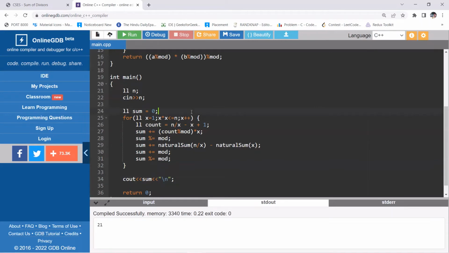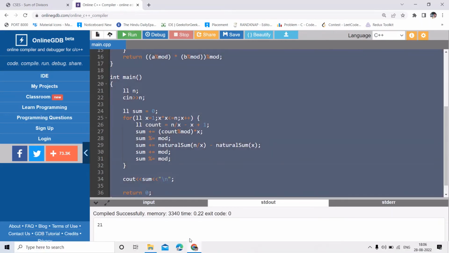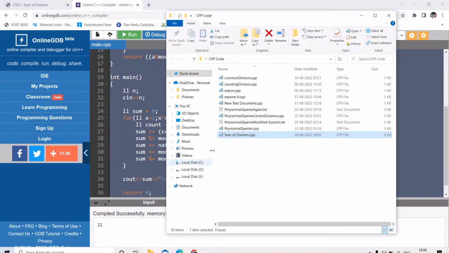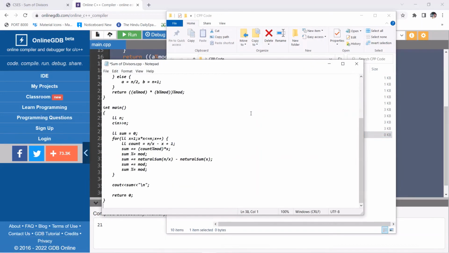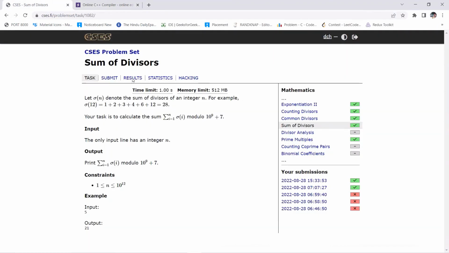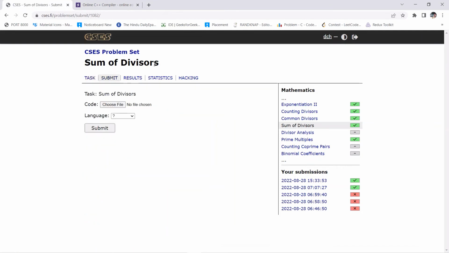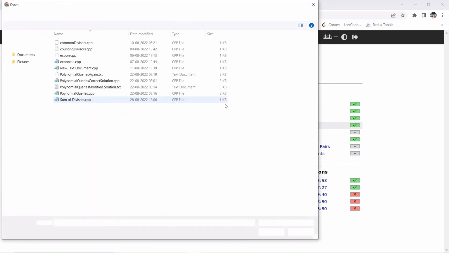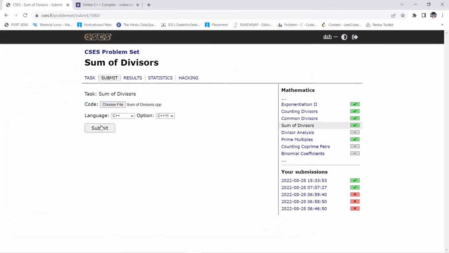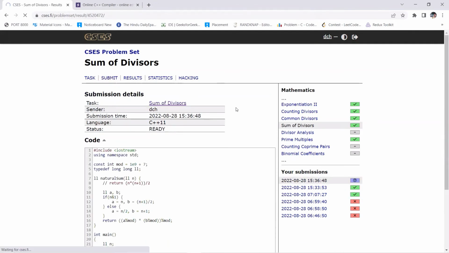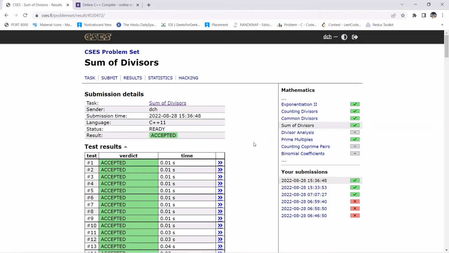Yes, we are getting 21. So now let's submit it. Yes, we are getting the correct answer.